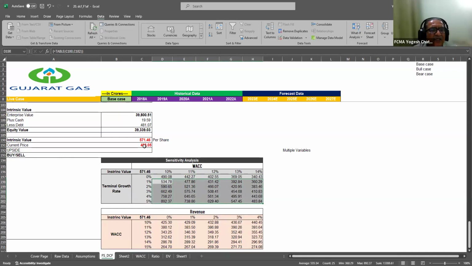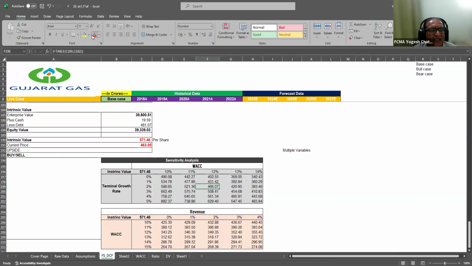So here, if I look for the 463 market price, I have this 466. If I make the terminal growth rate 2% coupled with a cost of capital of 12%, I will get a price which is near the market price.